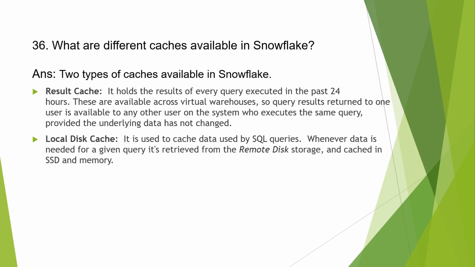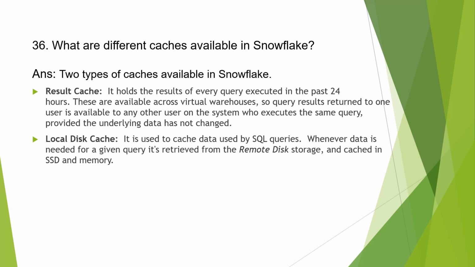When it comes to the local disk cache, it is not query specific. Whenever you run some query, it will fetch the data from the permanent storage, and that data will be stored in the local disk cache till that session is closed. Whenever data is needed for a given query, it is retrieved from the remote disk storage and cached in memory or SSD.